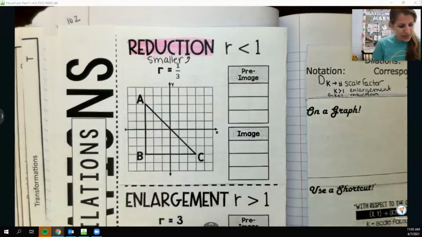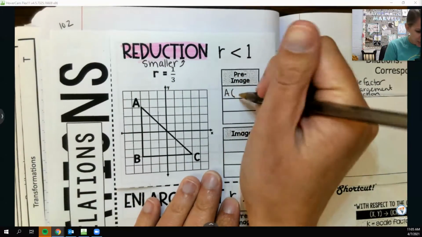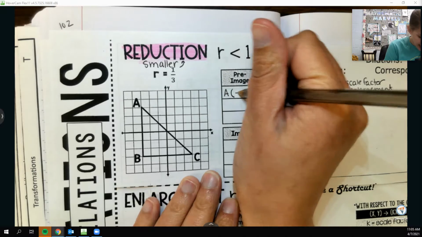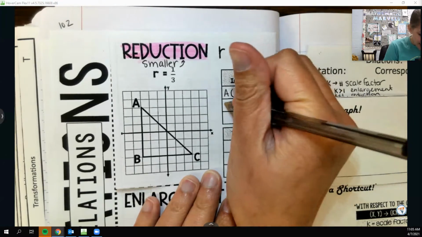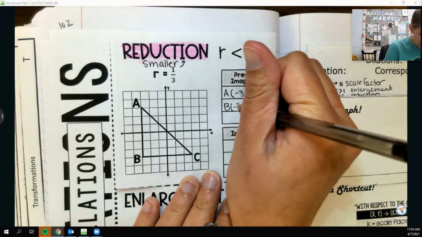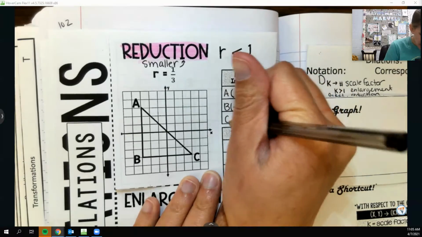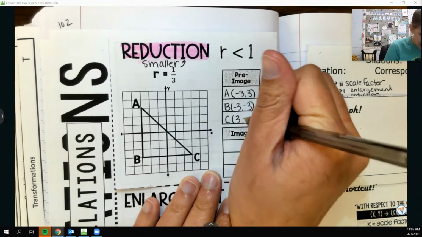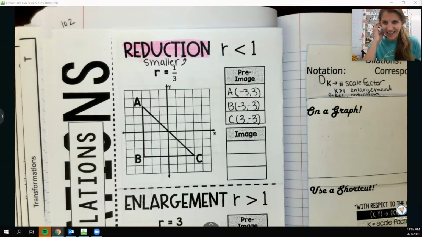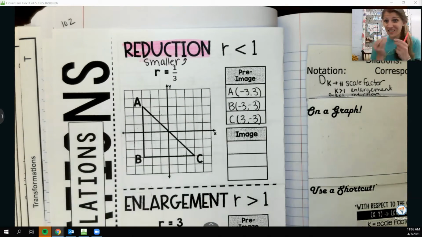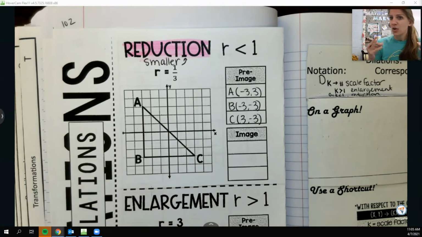So if my pre-image right here is at the point, A is at -3, 3, and then B is at -3, -3, and C is at 3, -3. And then I'm just going to reduce it all by a third. So take a third of all of it, or really divide by 3.